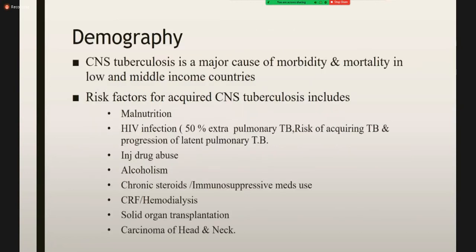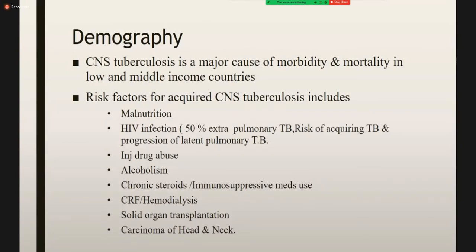CNS tuberculosis is a major cause of morbidity and mortality, especially in low and middle income countries. And there are certain risk factors associated with CNS tuberculosis apart from having tuberculosis. For example, in a malnourished patient, there are chances to develop tuberculosis.